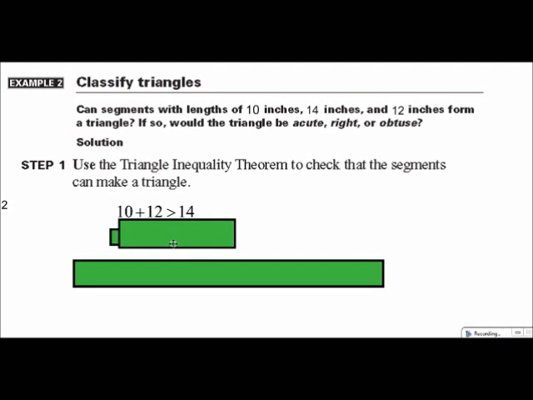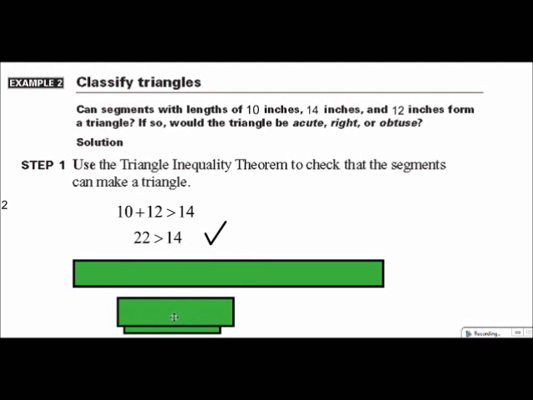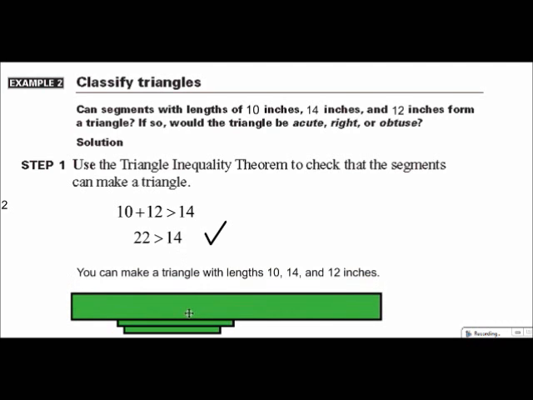So let's see what we have. We're going to check the two smaller sides, add them up, and see if it's greater than the biggest side. So we got 10 plus 12 should be greater than 14 if it's a triangle, and yes, it adds up to 22, which is greater than 14. So you can make a triangle with the lengths 10, 14, and 12 inches.